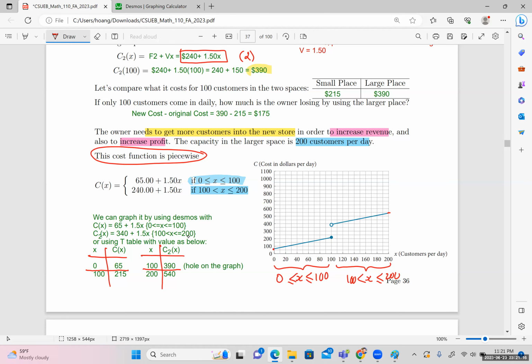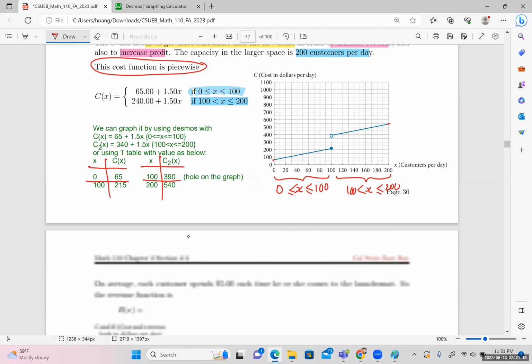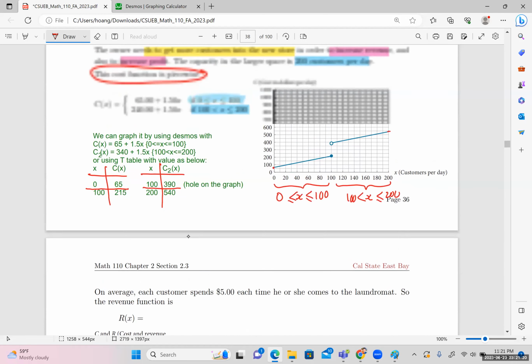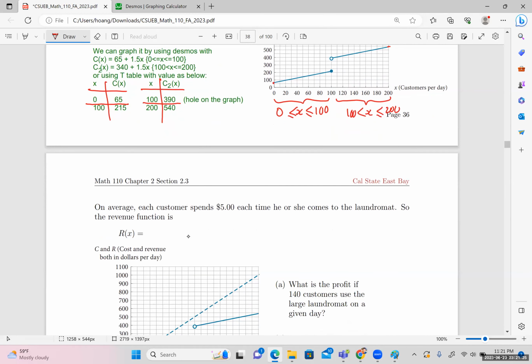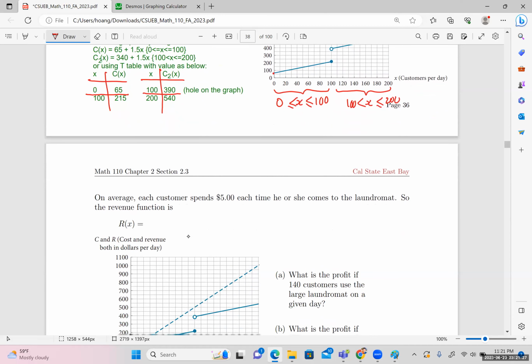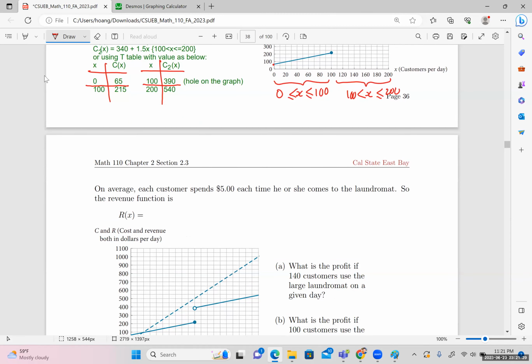So on average, each customer spends like $500 each time. So the price right now approximately becomes just $5 for each customer.